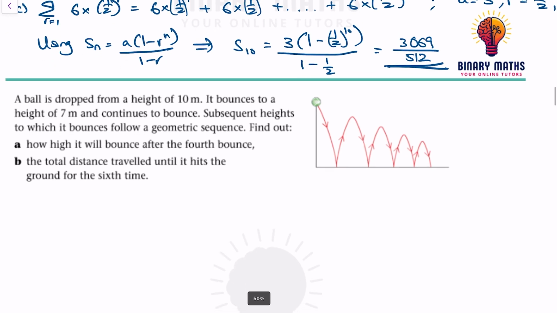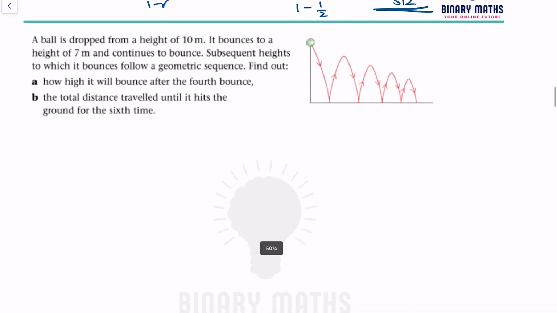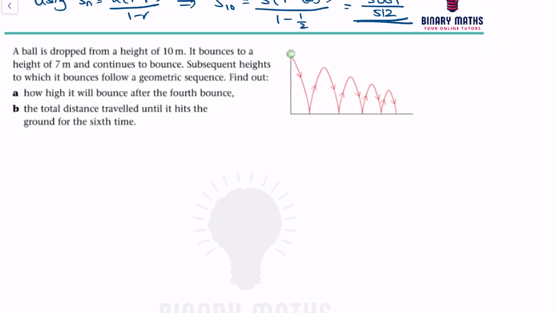Okay, next question. A ball is dropped from a height of 10 centimeters, so that means that is 10. It bounces to a height of 7, and continues to bounce. Subsequent heights to which it bounces follow a geometric sequence. Find out A, how high it will bounce after the fourth bounce. So after the first bounce is 7.